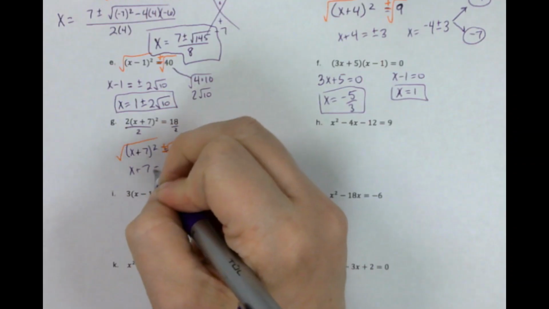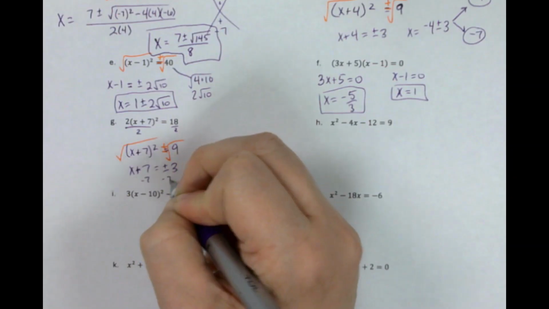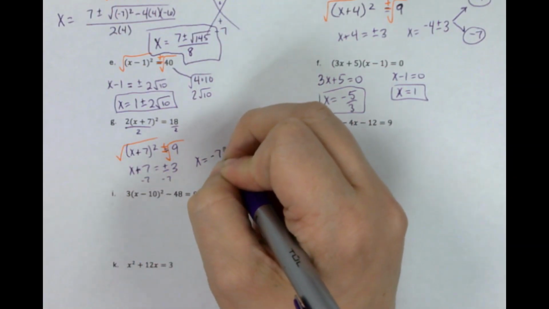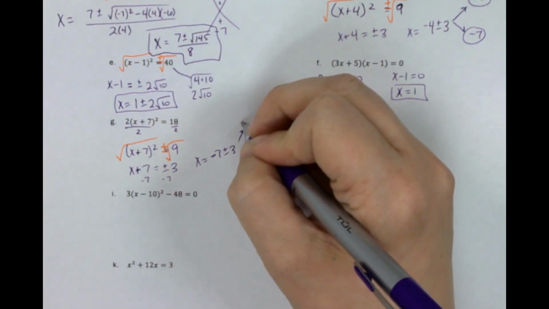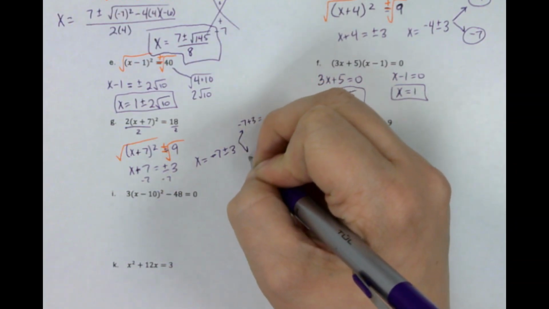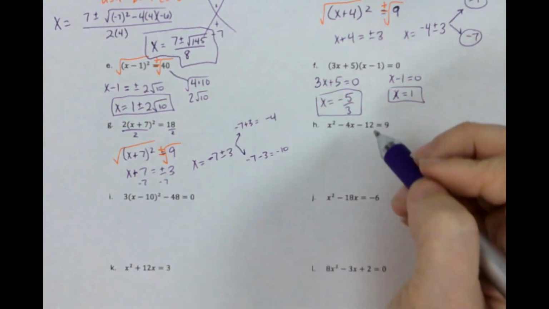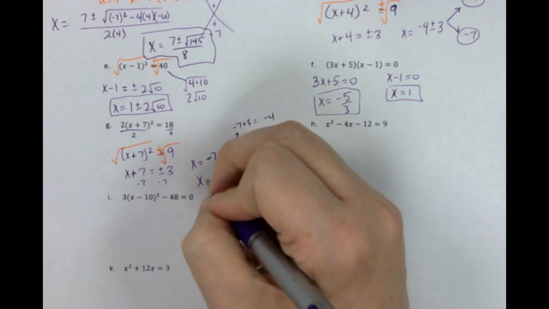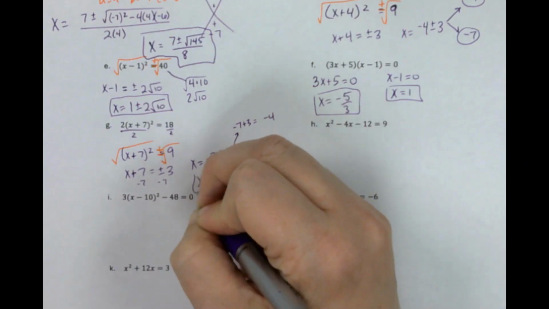X plus 7 equals positive and negative 3. Subtract the 7. X equals negative 7 plus or minus 3, where we can now do negative 7 plus 3 is negative 4. Negative 7 minus 3 is negative 10. I've not really been writing these answers very nicely. X equals negative 4, x equals negative 10. That's how we're supposed to write them.